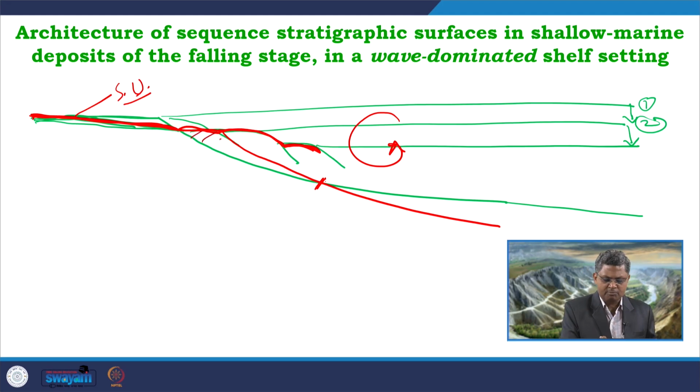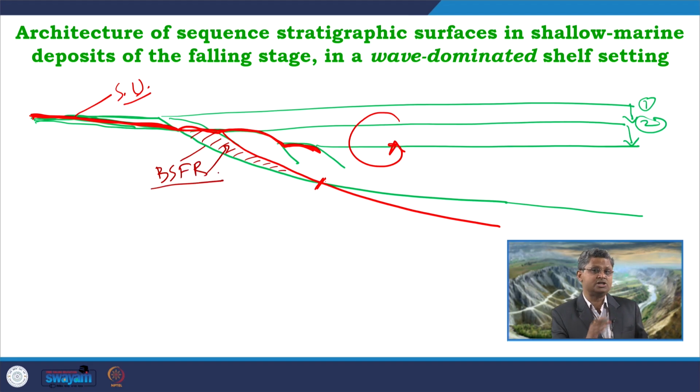This part of the basin is accumulating sediments and we are getting a conformable succession. So, this surface is the BSFR surface, which is representing the original substrate at the start of the base level fall.